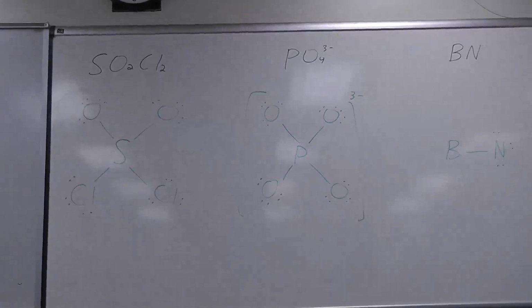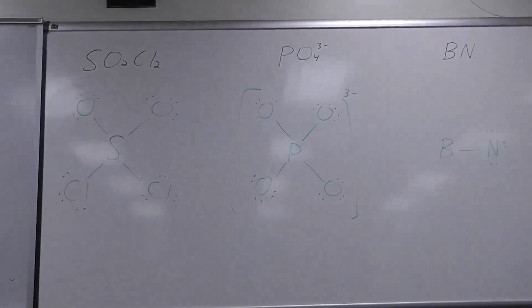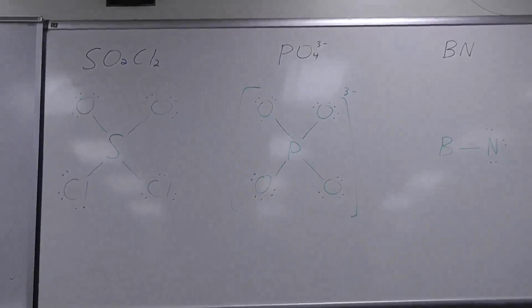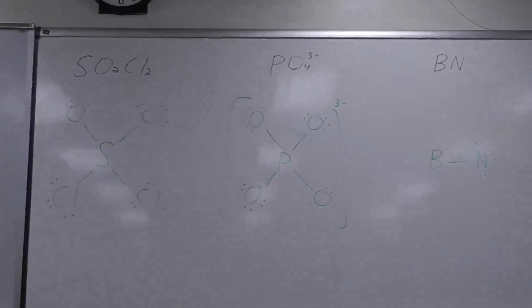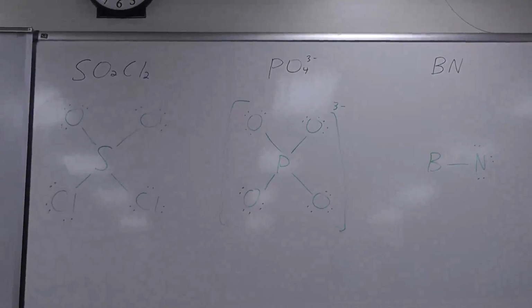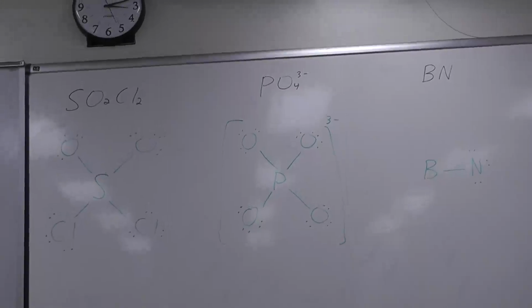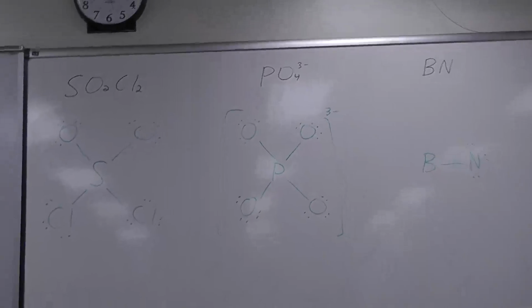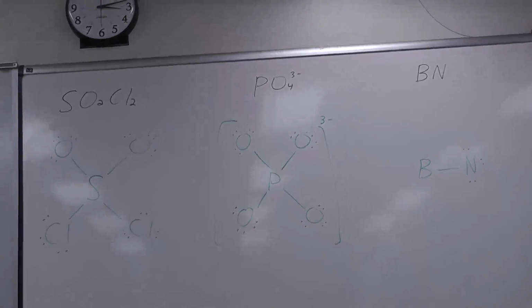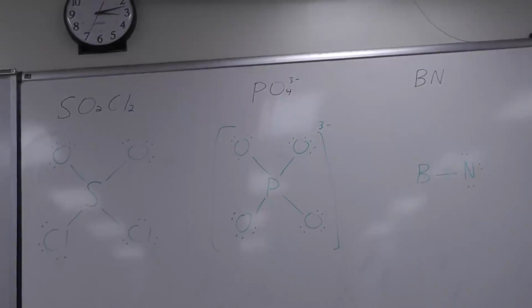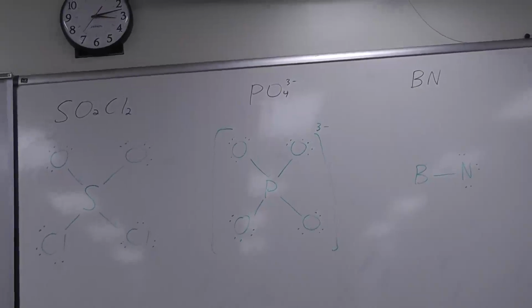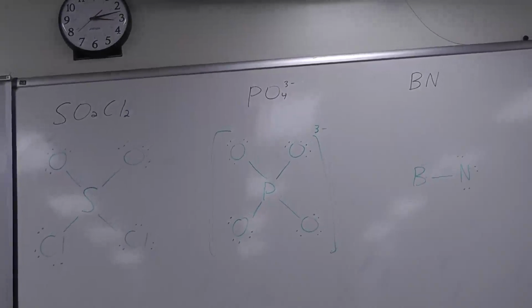What's on the board is as far as that formula will take you toward the actual finished structure. Is there any question getting to that point before we start doing the visual stuff, the folding in, the resonance, the exceeding octets? If there's any question getting these to this point, please ask.